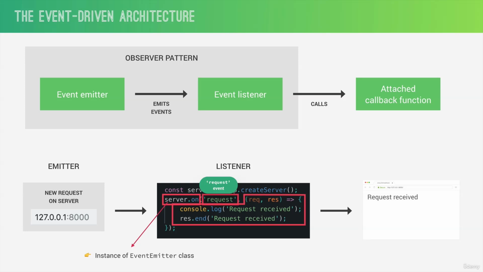Also, using an event-driven architecture makes it way more straightforward to react multiple times to the same event. All we have to do is to set up multiple listeners, right? Okay, and that is Node's event-driven architecture in a nutshell. And don't worry if this seems a bit too theoretical, you will see this logic being used in many situations throughout the course, starting right in the next video.